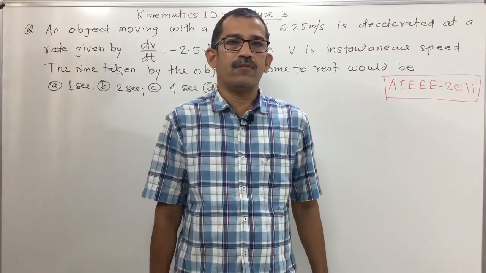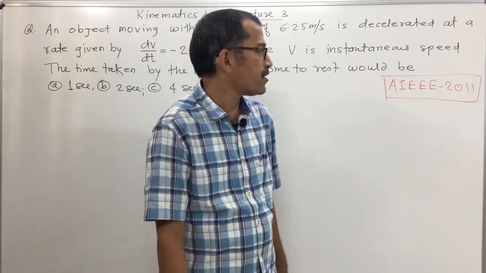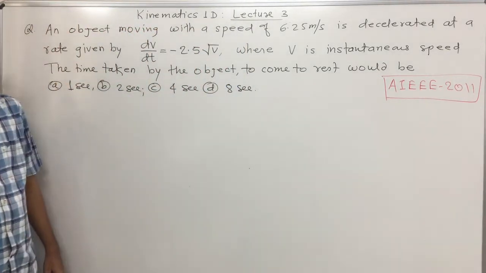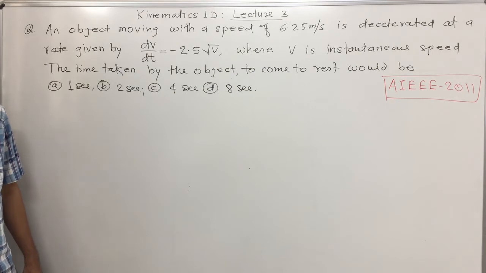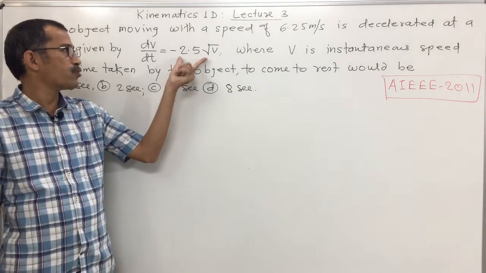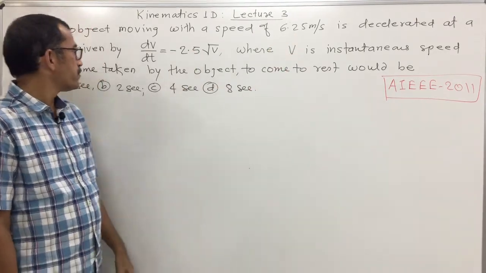यस. नाउ विल सॉल्व नेक्स्ट प्रॉब्लम which was asked in AIEEE 2011. See what is given in problem. An object moving with a speed of 6.25 meter per second is decelerated at a rate given by dv by dt equal to minus 2.5 root v, where v is instantaneous speed.